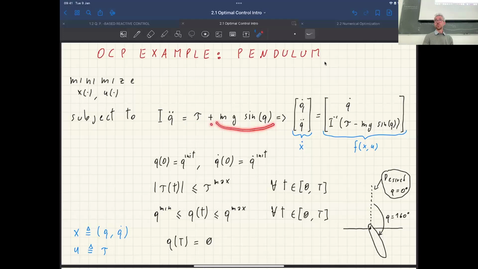And gravity in the case of the pendulum looks like that: the mass times gravity, so 9.81, times the sine of the joint angle, q. Why is this nonlinear? This is the only nonlinear term we have, but that's enough to make the whole equation nonlinear.